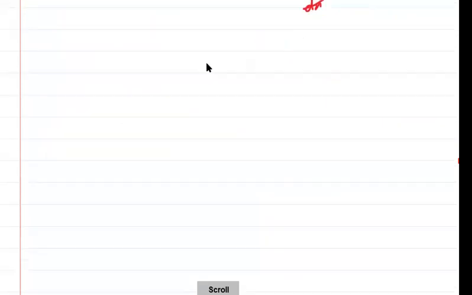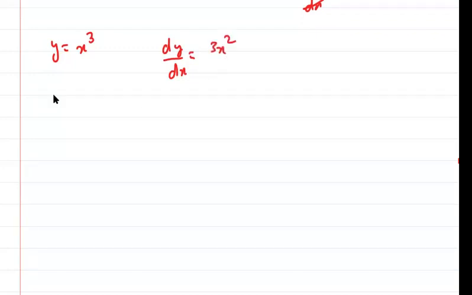You have the formula. So for example, if I'm having y is equal to x to the power 3, right? The formula is dy by dx is given by, कितने लोगों को याद है? हाथ उठा लो. Yes, very good. 3x square, है ना?